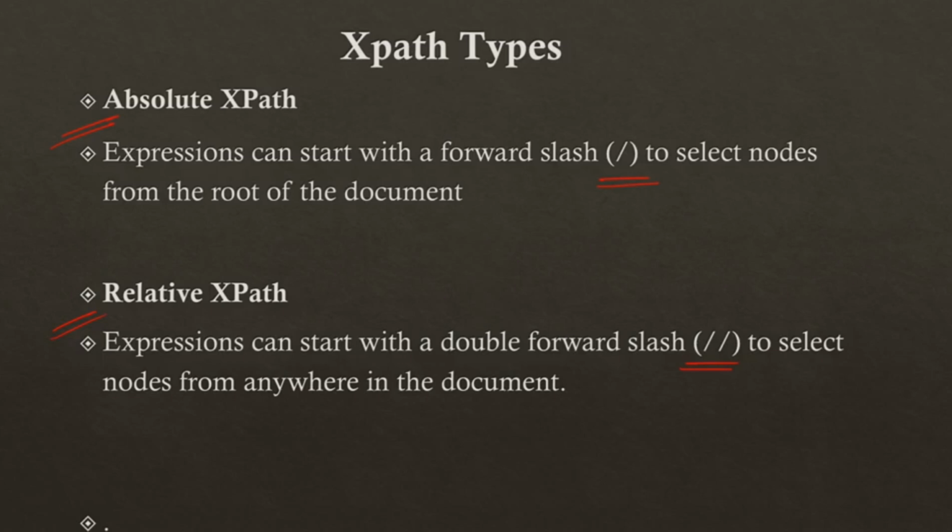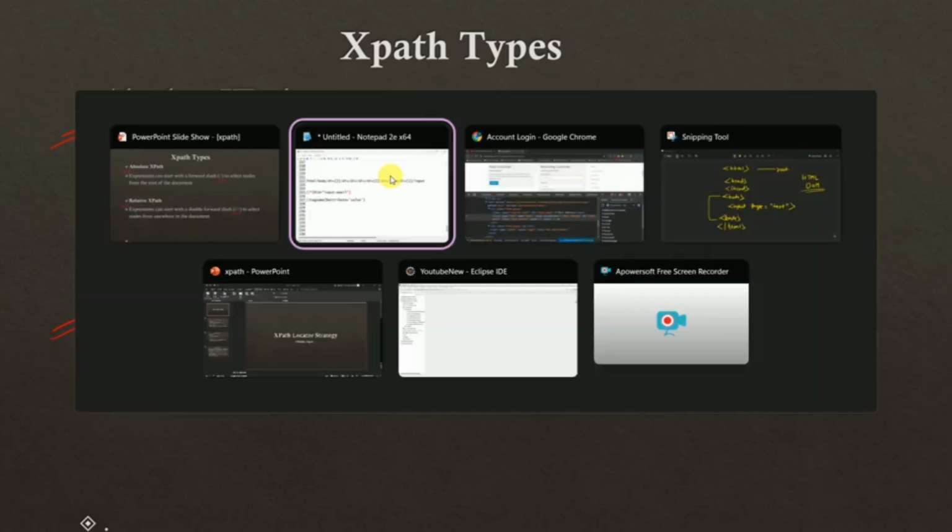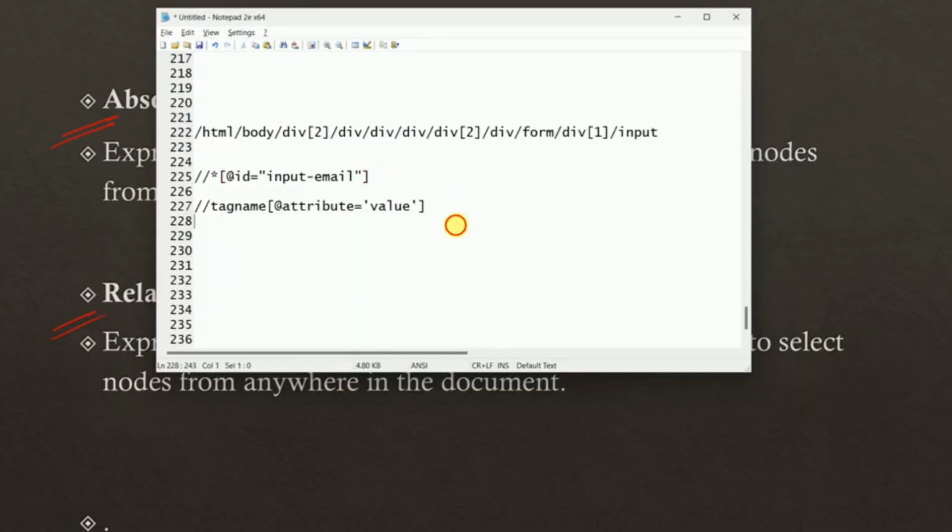But now it is time to understand what exactly we'll be learning in this particular session. So guys, first of all, there are many topics to be discussed related to XPath. So I will be explaining in a very simple manner. Very first, we'll be talking about how to use the basic XPath strategy, how to identify the web element using XPath, and how exactly we are able to automate the same.